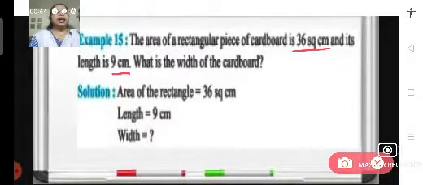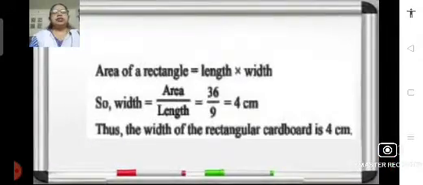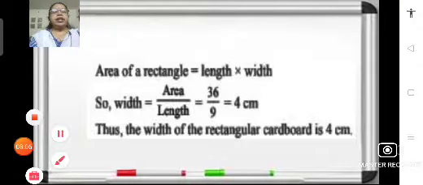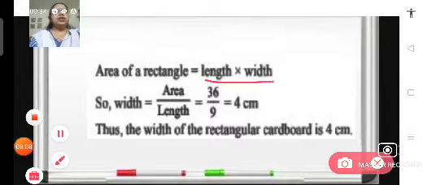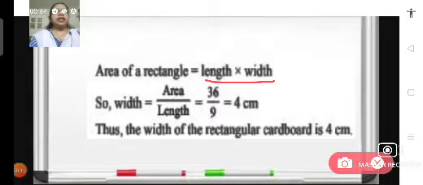Okay, so area is given as 36 square centimeters, length is 9 centimeters. We have to find the width. Let's see how we do it. Children, we know we can find out the area of the rectangle by using this formula. Area of the rectangle is equal to length into breadth or length into width. Now we have to find the width here. So how can we find it out?